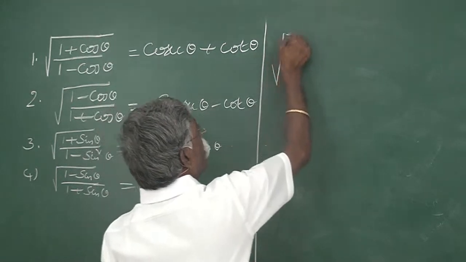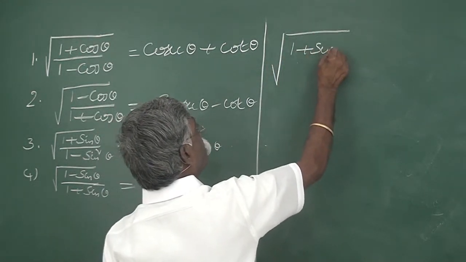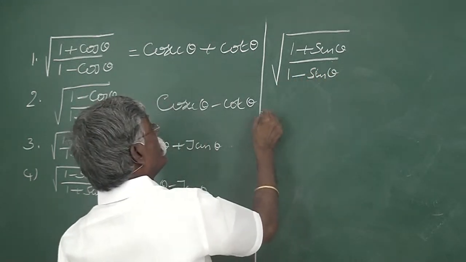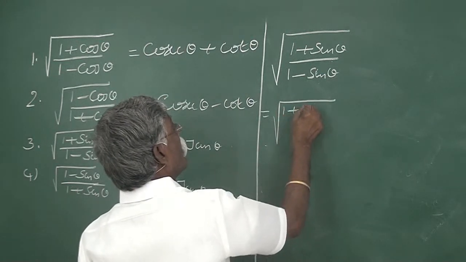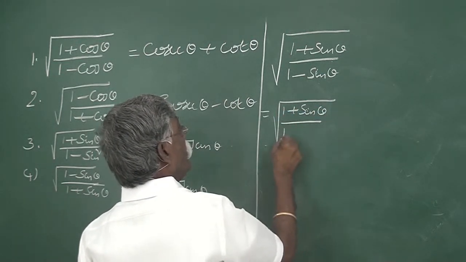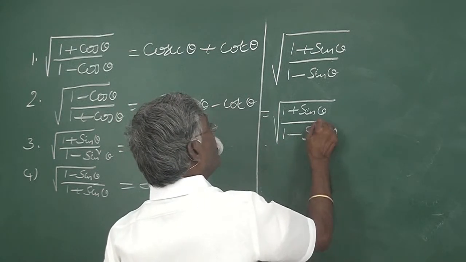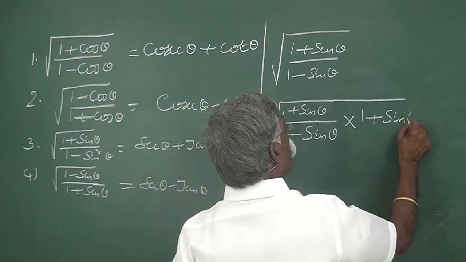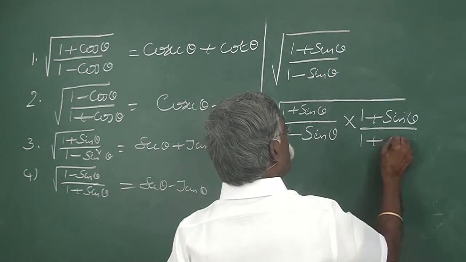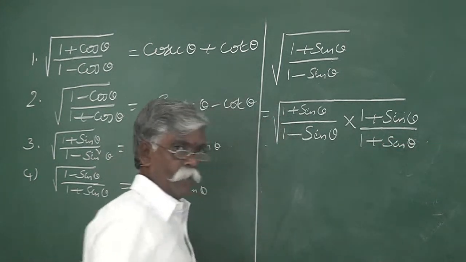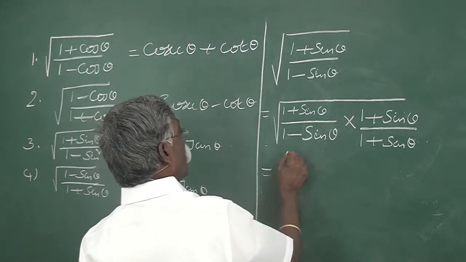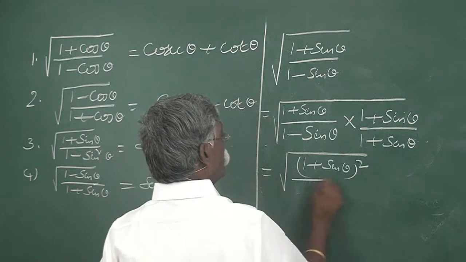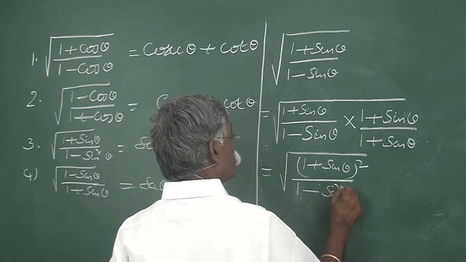The next one is root of (1 plus sin theta) by (1 minus sin theta). So this is given. The denominator is a minus b, therefore let us multiply both the numerator and the denominator by 1 plus sin theta. Now the numerator becomes 1 plus sin theta whole square, and the denominator is 1 minus sin square theta.